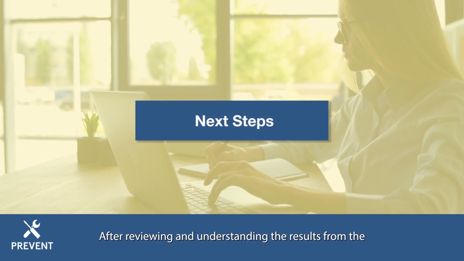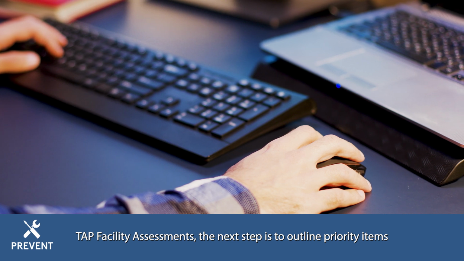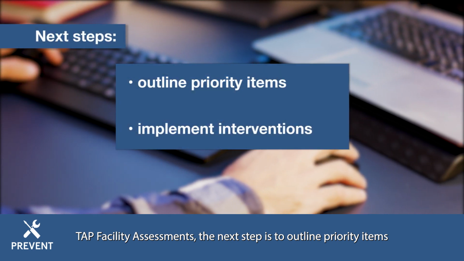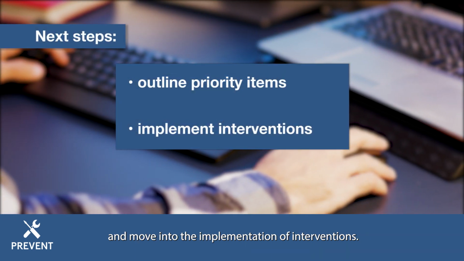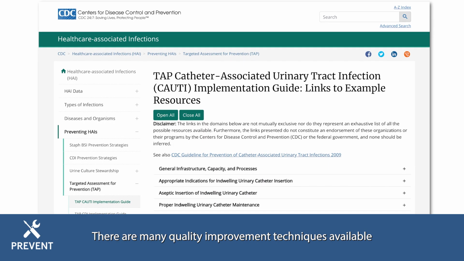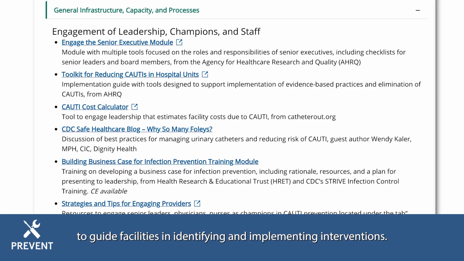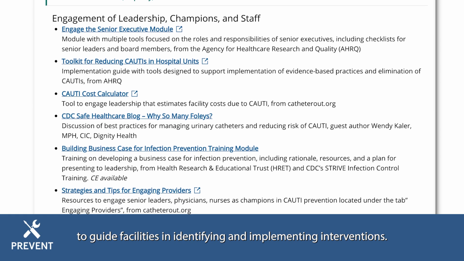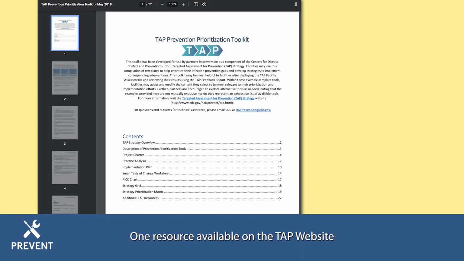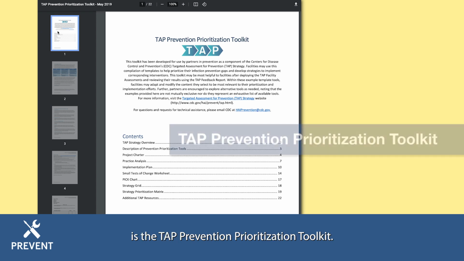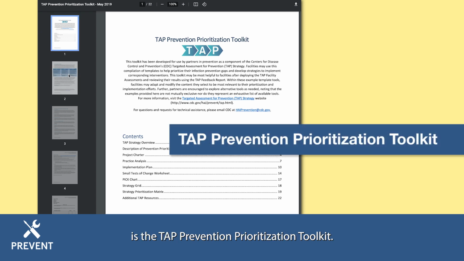After reviewing and understanding the results from the TAP facility assessments, the next step is to outline priority items and move into the implementation of interventions. There are many quality improvement techniques available to guide facilities in identifying and implementing interventions. One resource available on the TAP website is the TAP Prevention Prioritization Toolkit.